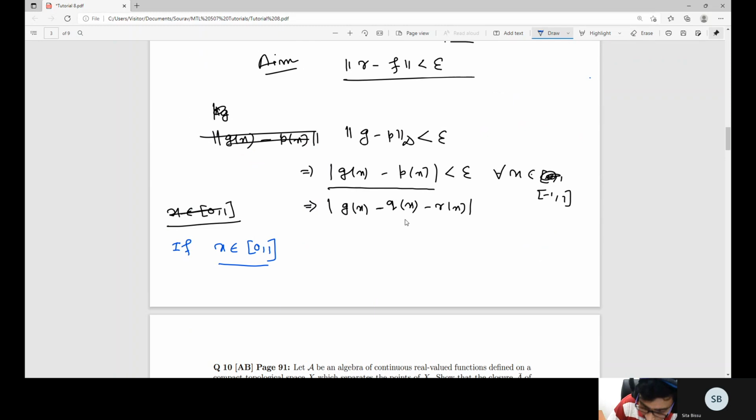So g(x) equals f(x), and now what comes is f(x) minus Q(x) minus R(x), right? And again for x belonging to 0 1, if we take y equal to minus x, then what will happen? y belongs to minus 1 comma 1, right?